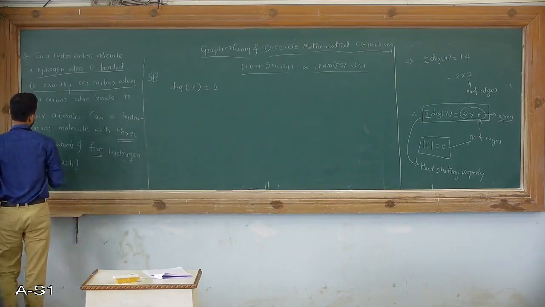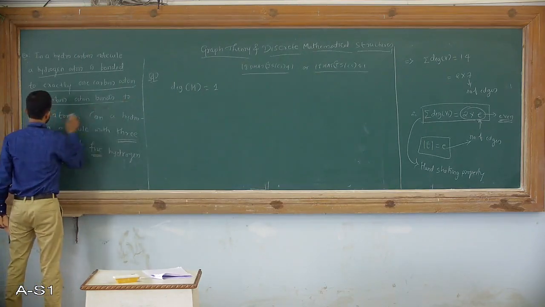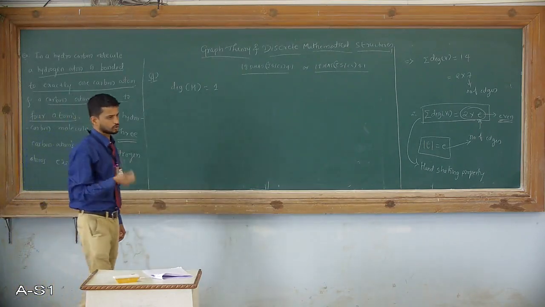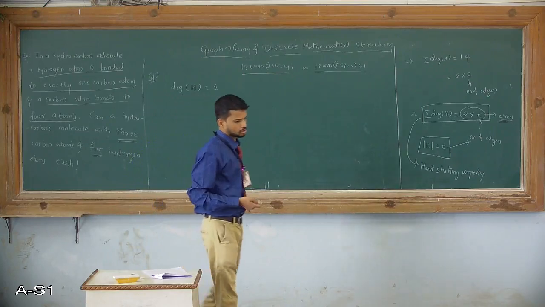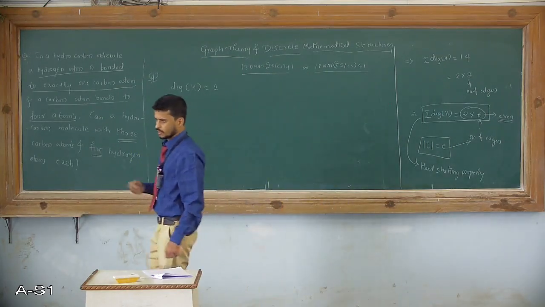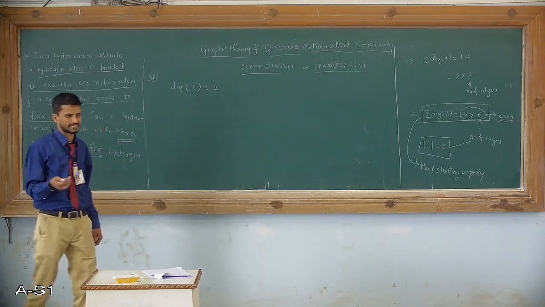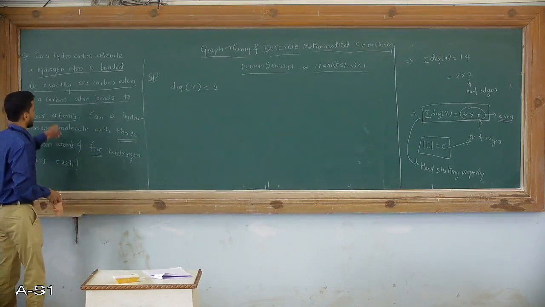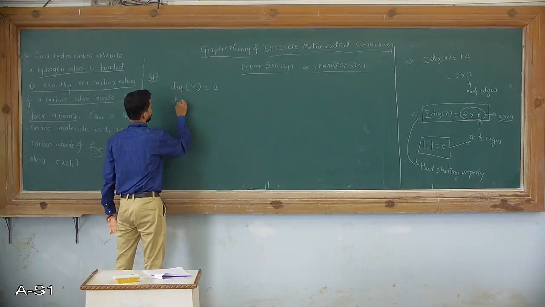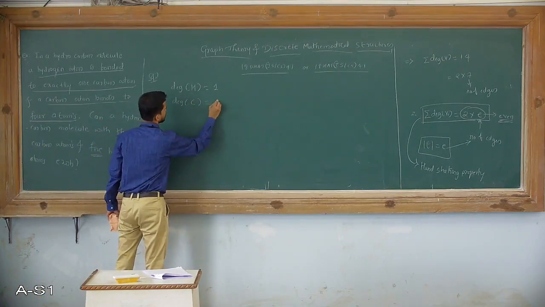And next, a carbon atom bonds to 4 atoms. Here they do not say it is associated only with hydrogen or only with carbon. Maybe hydrogen, maybe carbon, depending on the hydrocarbon molecule. But the carbon atom bonds with exactly 4 atoms. So the degree of each carbon atom is 4 here.